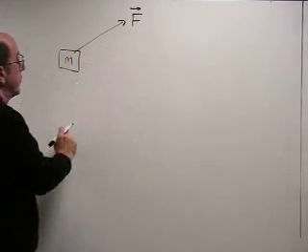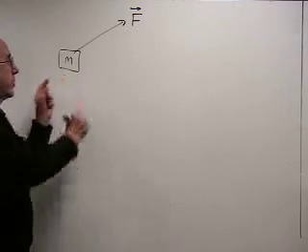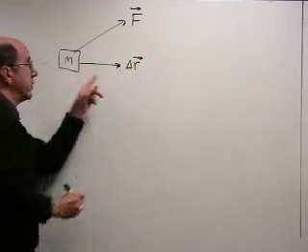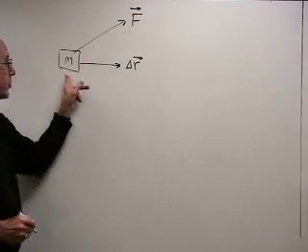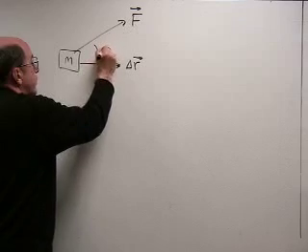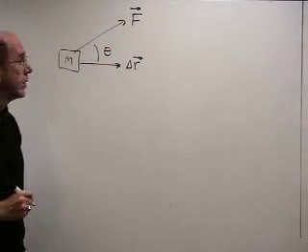So there's the force vector, there's the object, and I'm going to have the object move a distance delta r, a displacement, from the initial position to the final position. And there's an angle between those two, which I'll call theta.